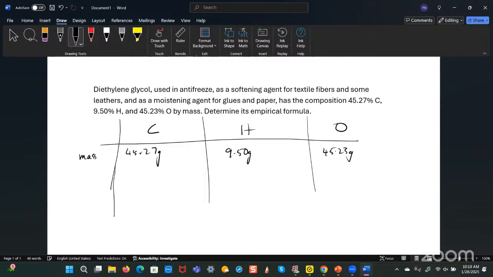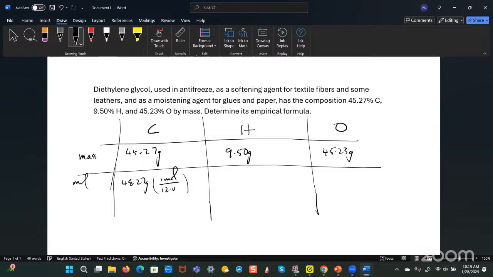So what's the next step? Based on the previous example. Okay, so moles, so in the case of carbon, 48.27 grams multiplied by 1 mole over 12.01 grams. What about hydrogen? 9.50 grams multiplied by what? 1 mole over.